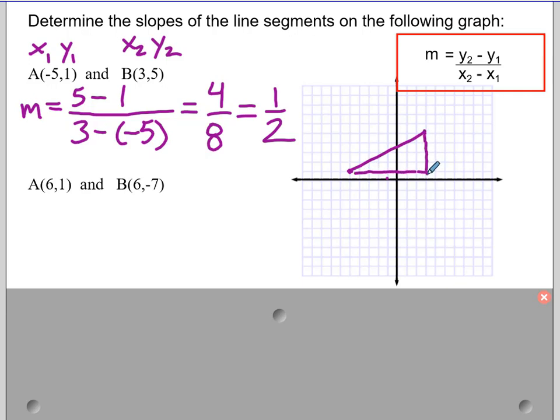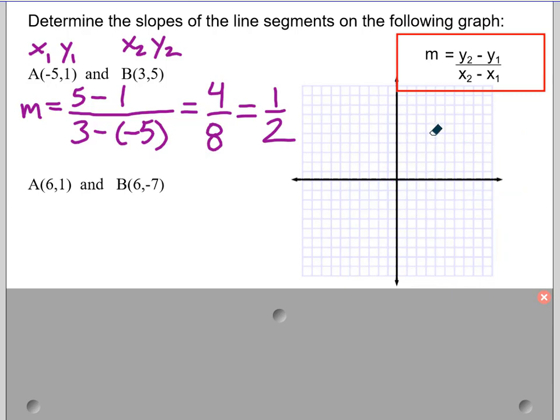Count them, 1, 2, 3, 4, 5, 6, 7, 8. 1, 2, 3, 4. You can see clearly it's positive slope because it's going up. So you would have 4 over 8 or 1/2. Okay, so you can do it with equation, you can do it with picture. They're both up to you. It does not matter. Okay, I'm going to clear that out for 1 second so I have enough room to do the next question.